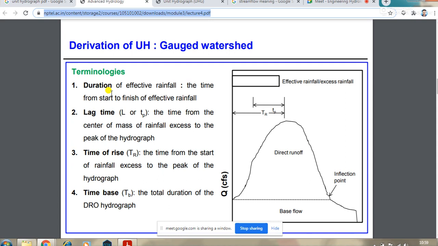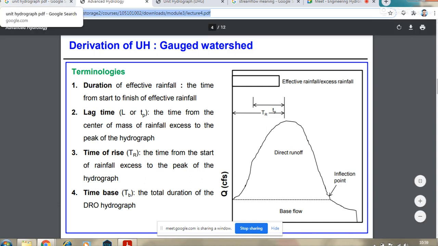So the time difference between these two is taken as TR, the time of rise. And there is another definition at the end, the time base, TB. It is the total duration of the direct runoff hydrograph. So the total duration of the direct runoff hydrograph will be my time base.